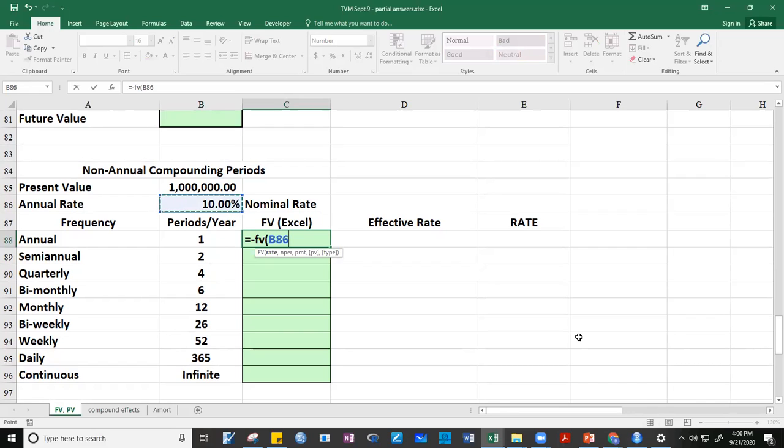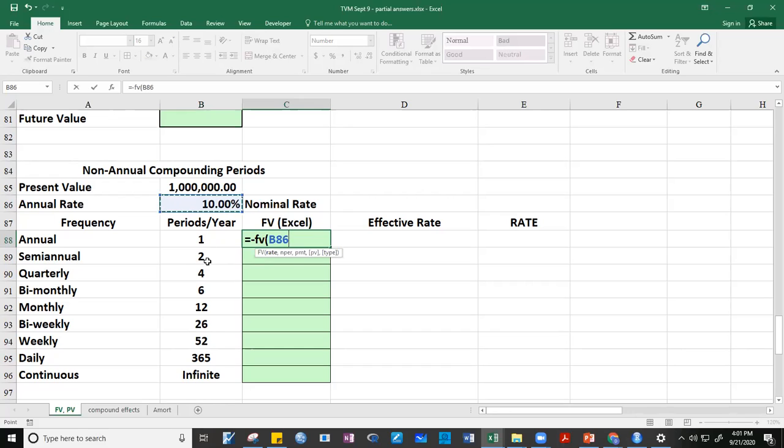For the first 6 months, the interest is computed at 5%, then the next 6 months, 5% again. Got it, Angela? So the interest rate is 10% divided by 2.